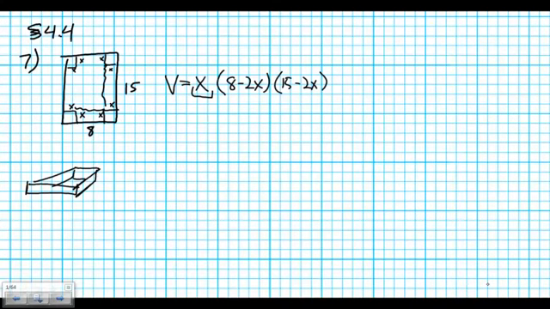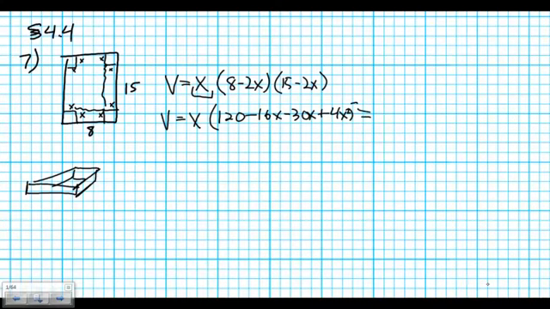All right, so we don't have to, in this case, do a relationship step or a substitution step because it's already in one variable. But I do feel the need to expand this out. 15 times 8 is what? 120. Minus 16x minus 30x plus 4x squared.